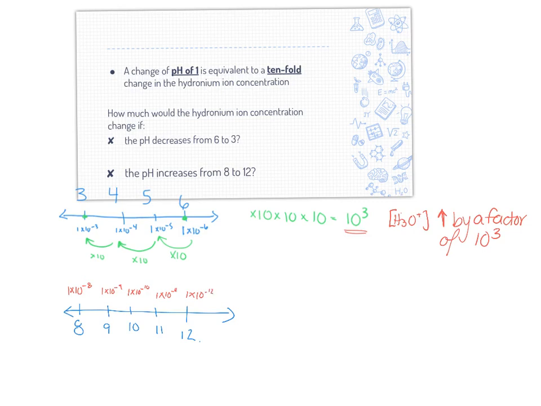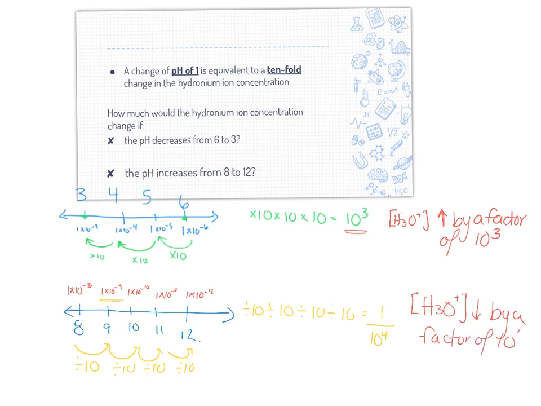In this case, we've divided by 10 to get a smaller concentration each time. So divide by 10, divide by 10, divide by 10. Dividing by 10 4 times is equivalent to dividing by 10 to the 4. So our concentration of H3O+ has decreased by a factor of 10 to the 4.